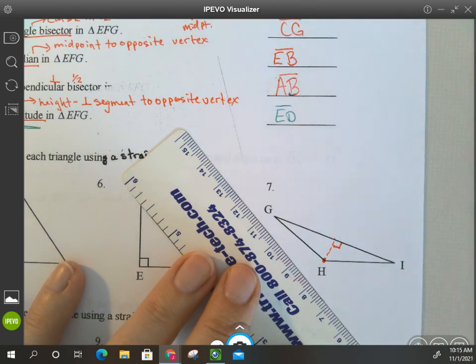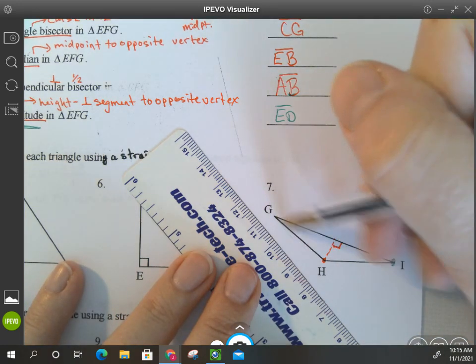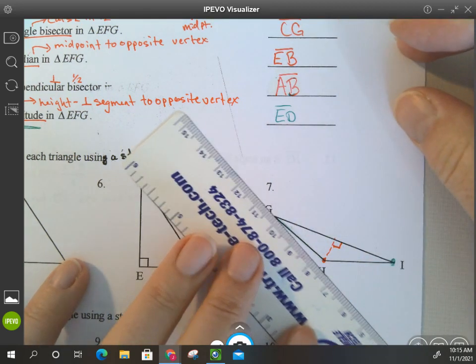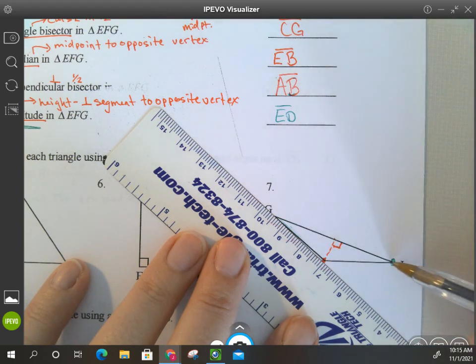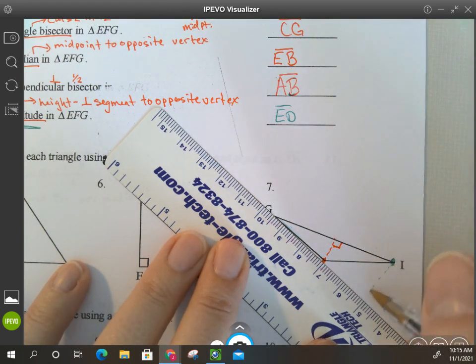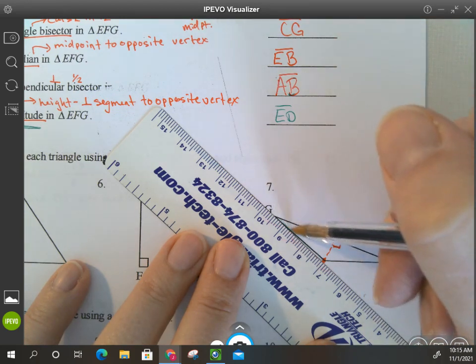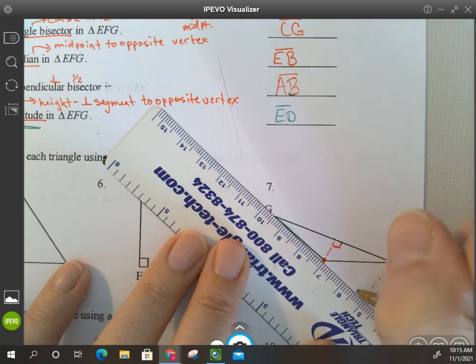Take your ruler. I'm going to mark point I, and the side opposite I is GH. So I'm going to take my ruler along GH. Is there anything that looks perpendicular if I draw something within the triangle? But can you see this one right here? If you take your ruler here, do you see that I would be perpendicular to this outside of it?